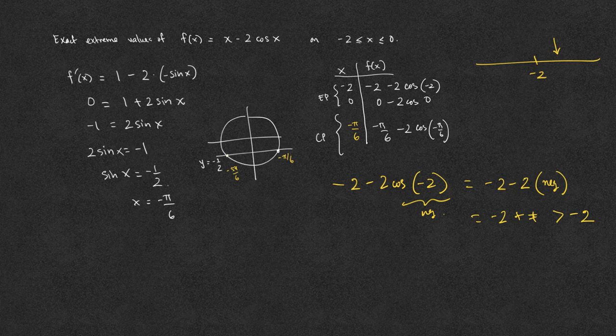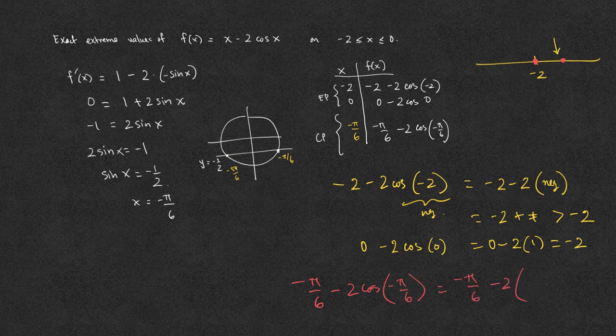For f of 0, 0 minus 2 cosine of 0 is 0 minus 2 times 1, which is -2. And so far, we have two values already. One is exactly -2, one is on the right hand side of -2. The third number is -pi over 6 minus 2 times cosine of -pi over 6. This is -pi over 6 minus 2 times the cosine of -pi over 6, which is positive root 3 over 2.